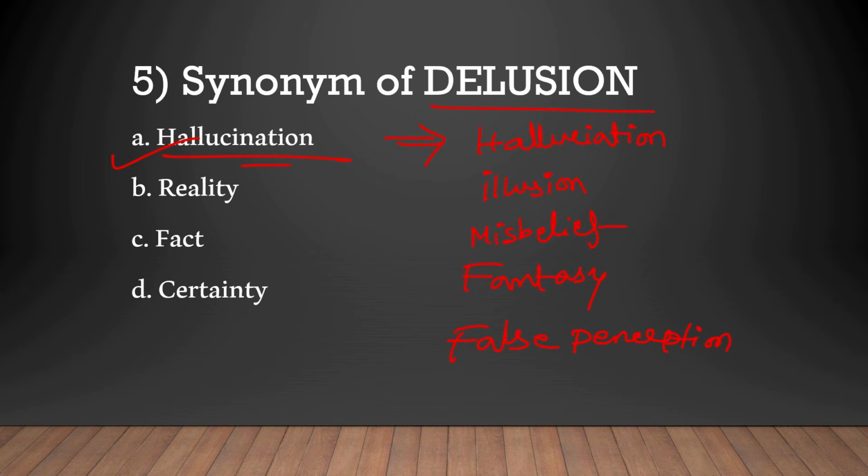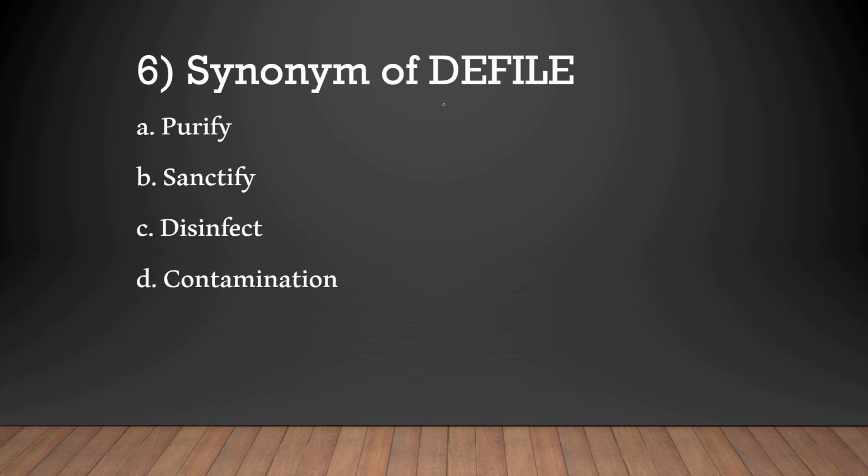Okay, next, synonym of defile. The word defile means to pollute something, or you can say something which is impure. Okay, words like impure, dirty, you can say contaminate, yes, contaminate, taint, okay, impurity.